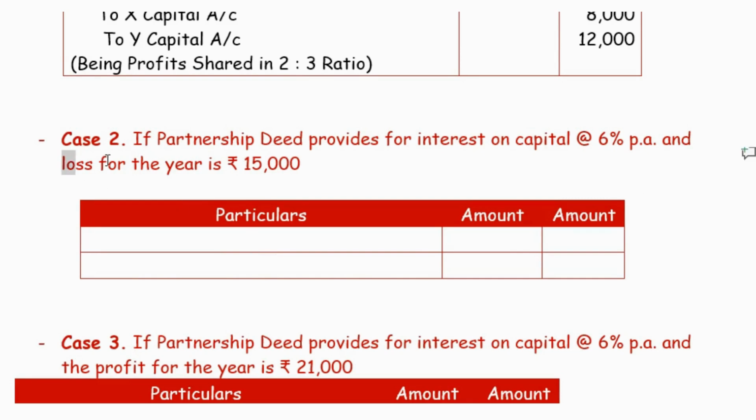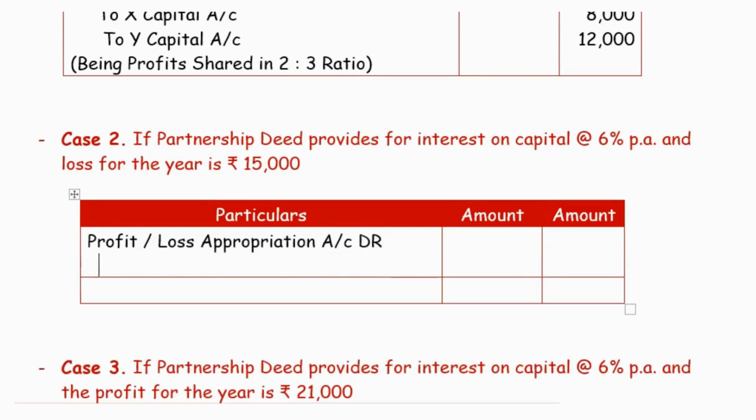In the second situation, it is a loss. Since it is a loss, there is no available profit to distribute. Whenever there is a loss, the loss is transferred from the normal profit or loss account to the P&L appropriation account.